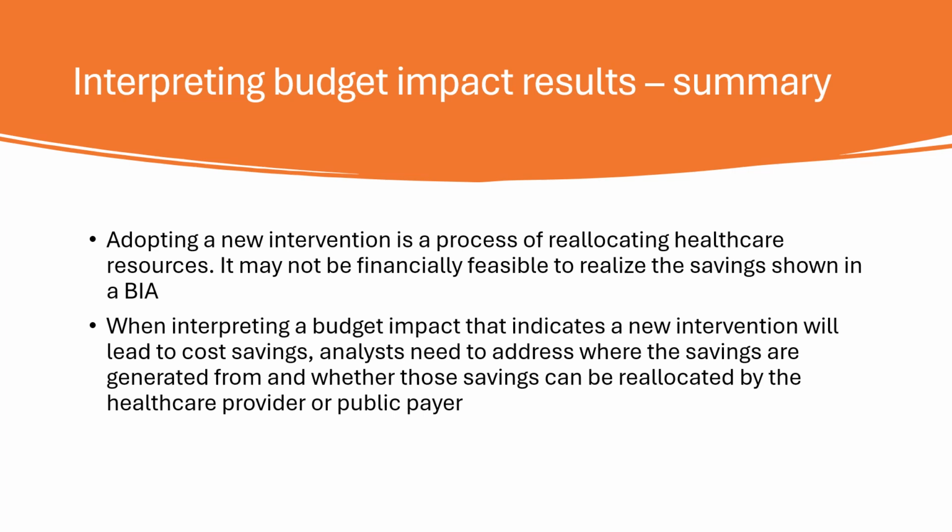Interpreting budget impact results. Summary. Adopting a new intervention is a process of reallocating healthcare resources. It may not be financially feasible to realize the savings shown in the BIA. When interpreting a budget impact that indicates a new intervention will lead to cost savings, analysts need to address where the savings are generated from and whether those savings can be reallocated by the healthcare provider or public payer.